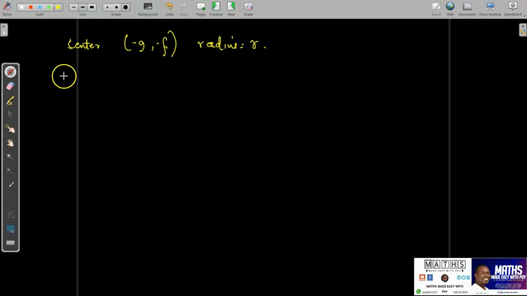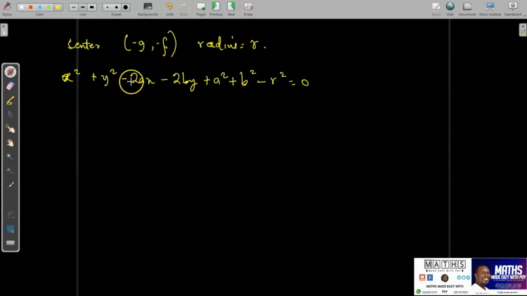Now, we had it as x squared plus y squared minus 2ax minus 2by, then plus a squared plus b squared, and then minus r squared equal to 0.